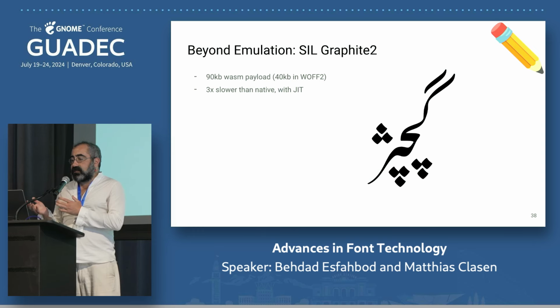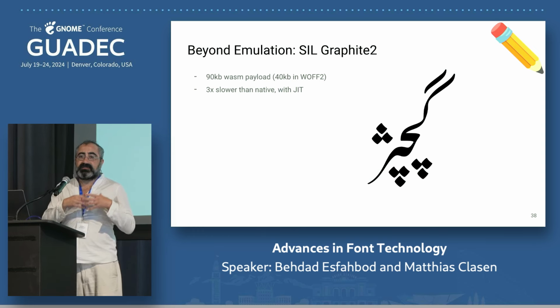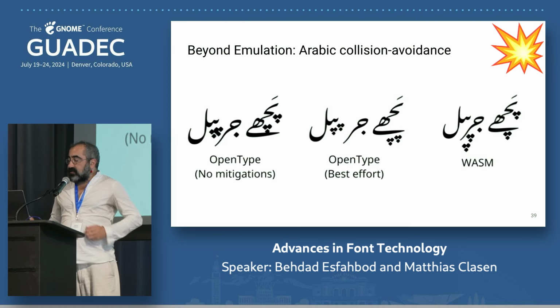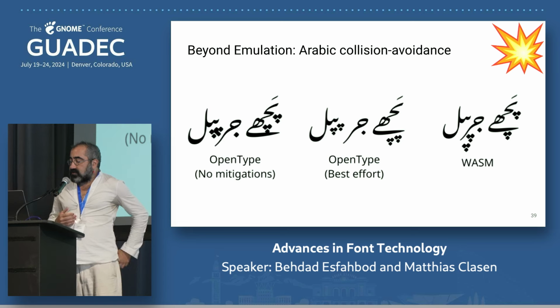Now what I did is I took the libgraphite2 code base, compiled it to WebAssembly, and encoded it in the font. The payload is only 90 kilobytes. That's amazing. And with the JIT using, it's 3 times slower than native code, but that's fully acceptable, in my opinion, for custom shaping.